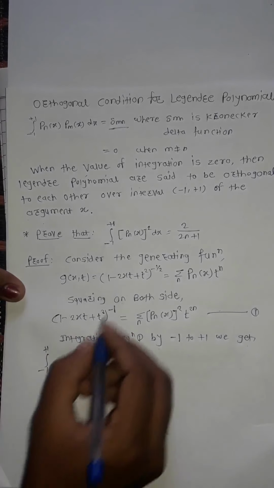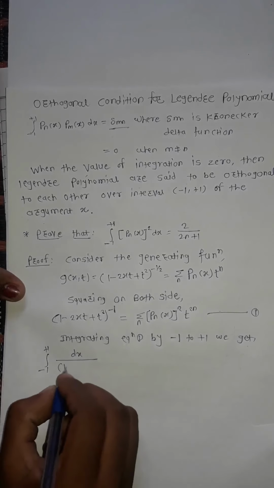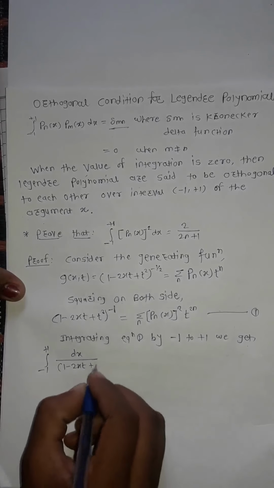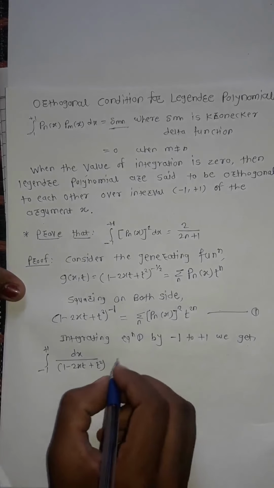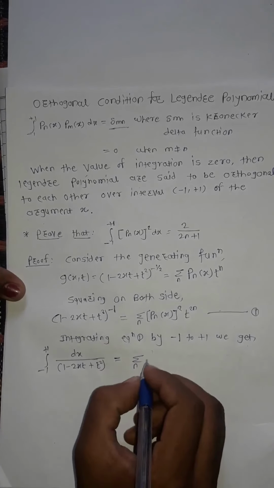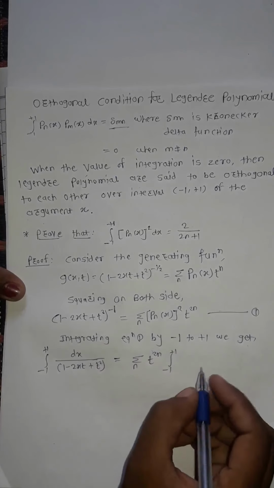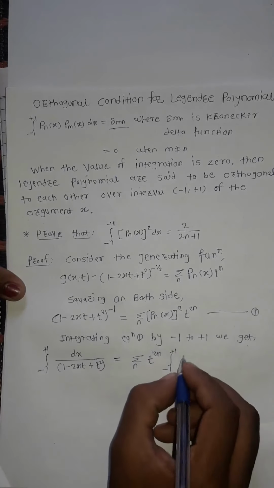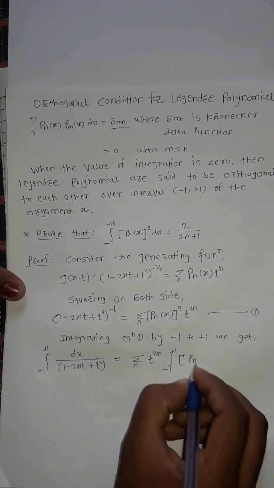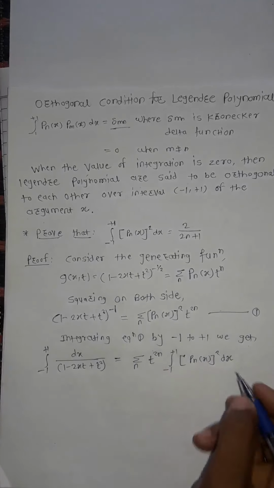This term will be written with the denominator: dx upon 1 minus 2xt plus t square is equal to summation over n t raised to 2n into integral over -1 to +1 Pn of x square dx.